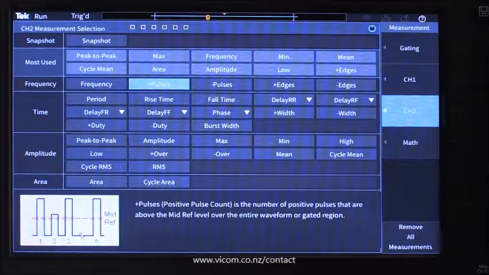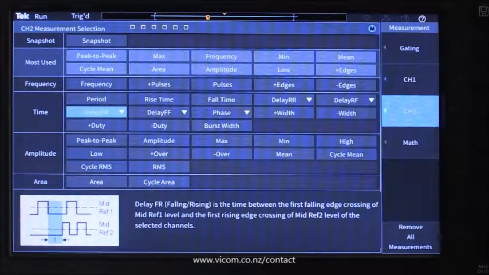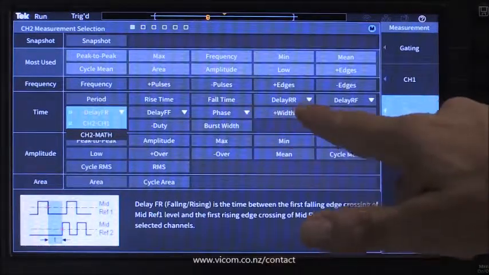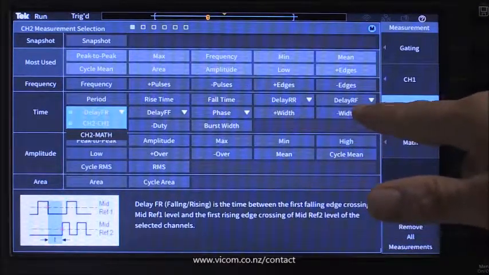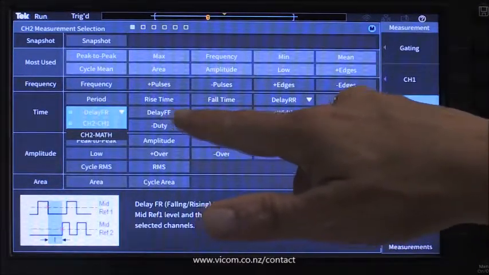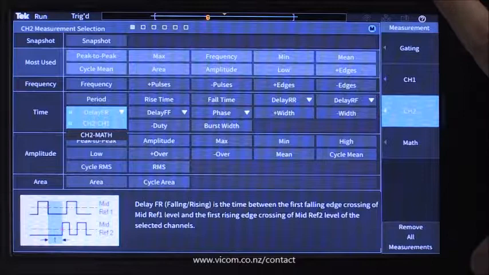So I can go in and select delay falling to rising, and I want to measure from channel 1 to channel 2. You'll notice that there are a number of delay measurements from rising to rising, rising to falling, and falling to falling, so that you can measure almost any combination of delay.